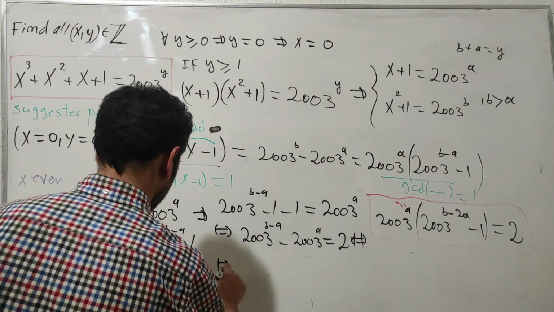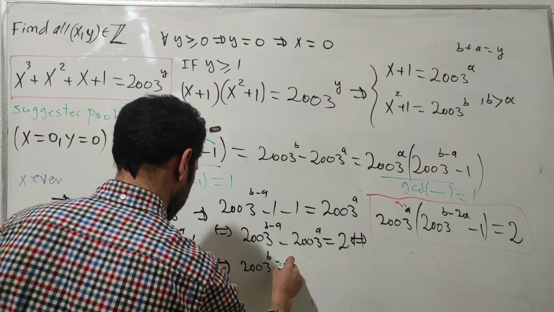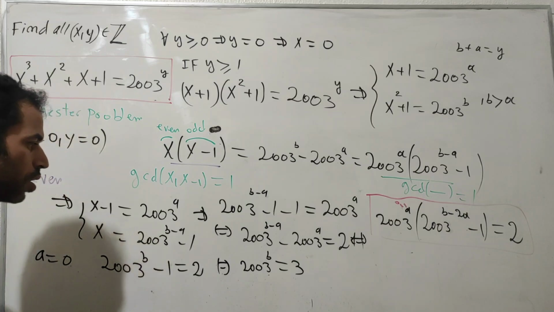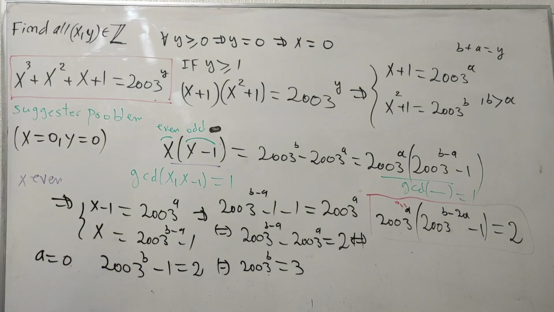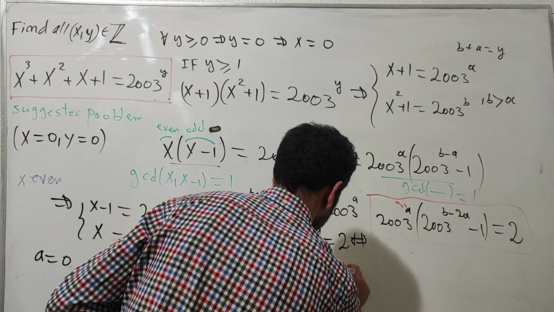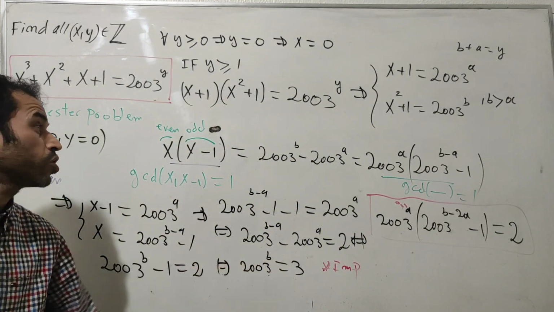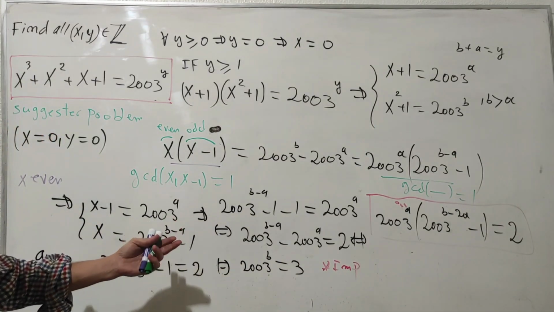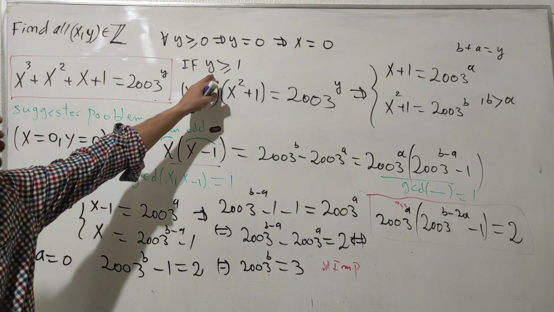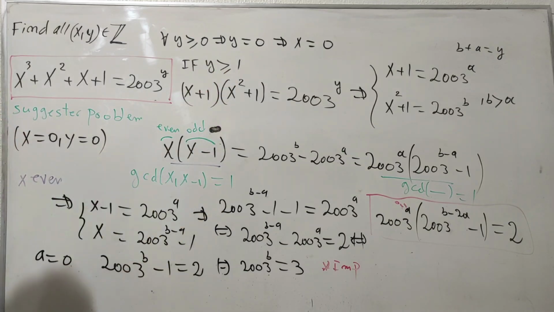Moving over 1 to the right, I get 2003 to the b equals 3. It's impossible to be like this. This is clearly a contradiction, because never will you see 2003 to the b equal 3. So you have no solutions for y at least 1. The only solution that we get is y equals 0.